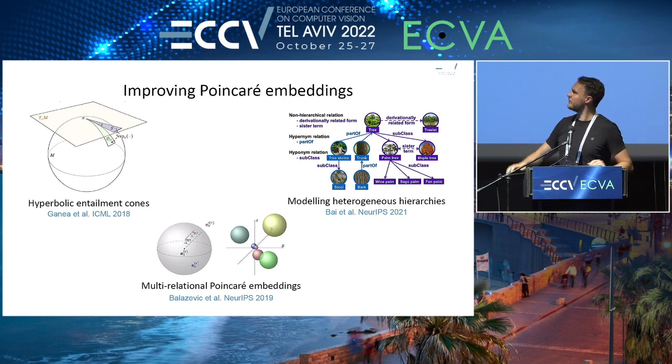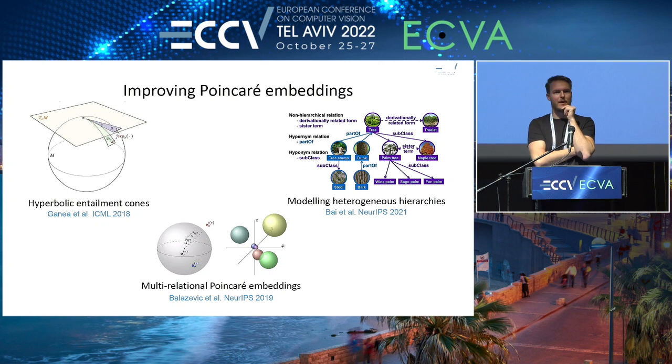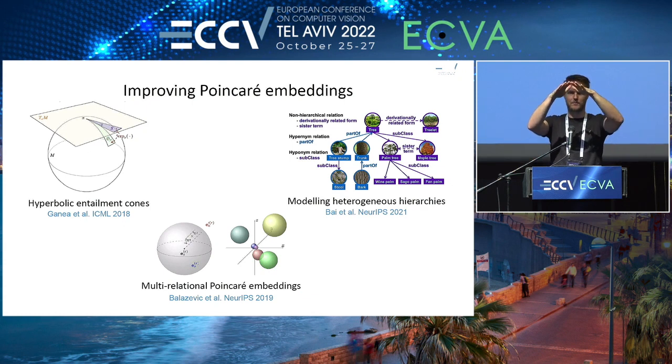So on the left is something called entailment cones. So they say, well, rather than thinking about it as parent and child, you can think about it that a tree has all these subtrees. Right? So I start with a big tree, and then if I go for one node, I have like a small subtree.